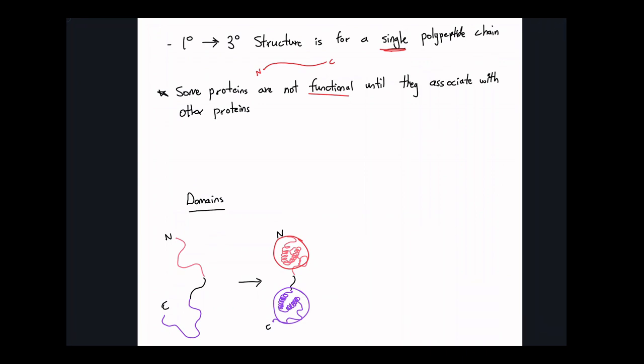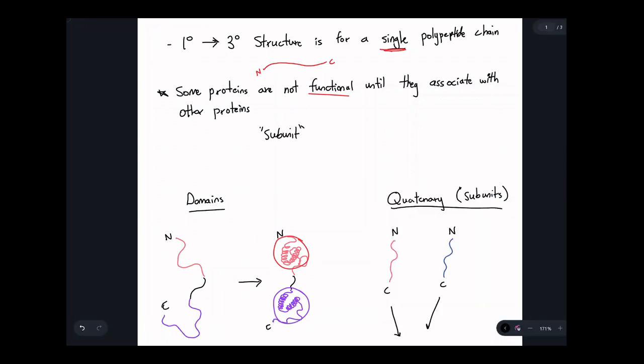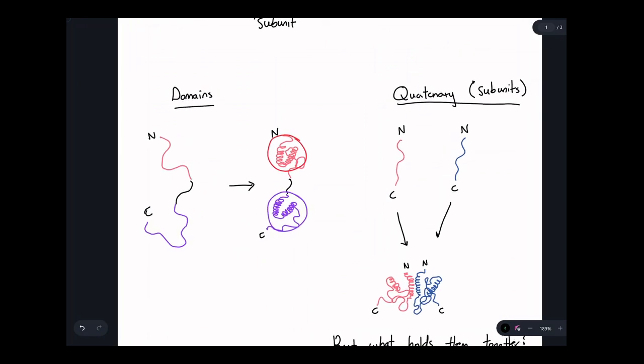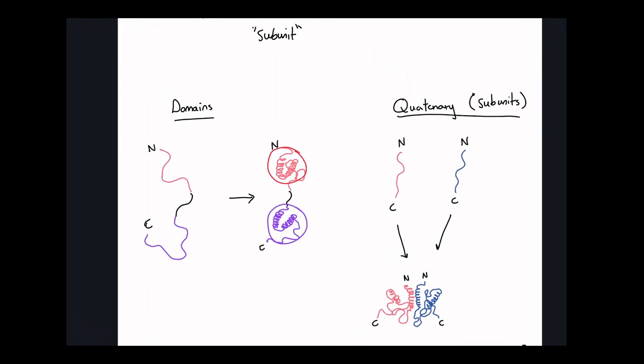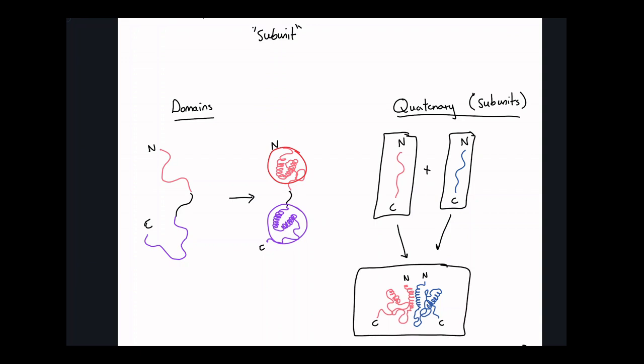When we talk about quaternary structure, we're going to use the term subunit. What happens with subunits is that we actually have two distinct polypeptides, so one that is red, one that is blue. These are encoded for by different pieces of DNA, or maybe they're the same, but either way, it's two distinct proteins interacting together to form the final quaternary protein.